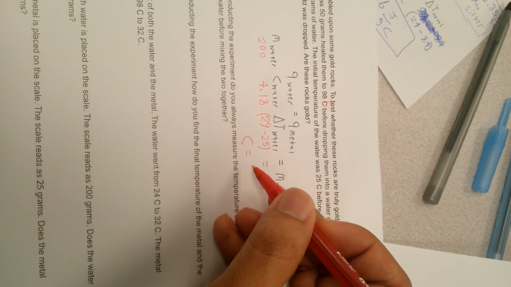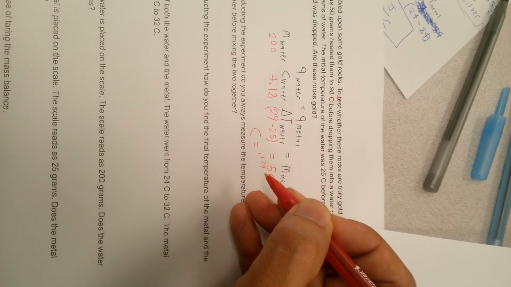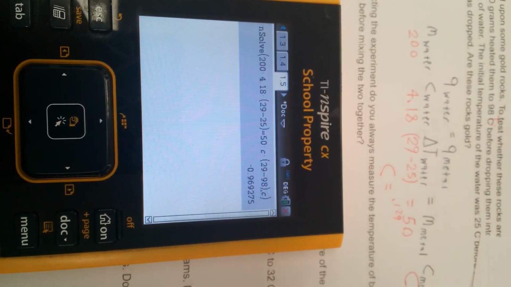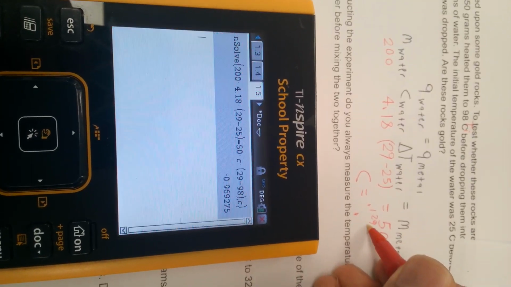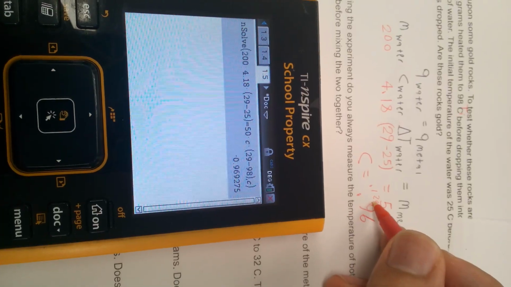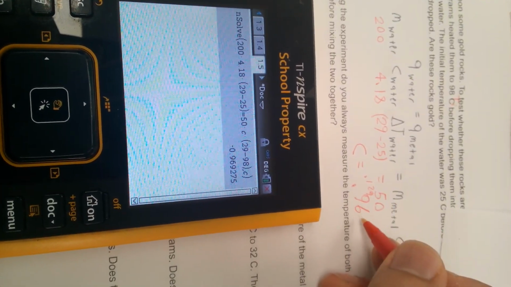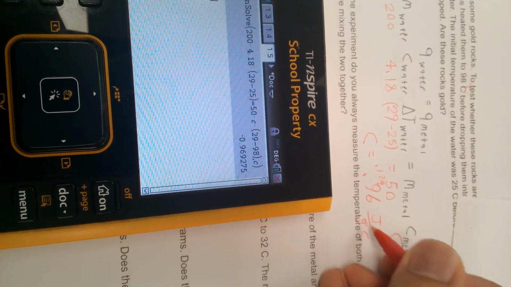The question is, does the C equal 0.129? Let's see if it does. So the C is equal to 0.96. So these are not real gold rocks because it does not match the C of 0.129. So the answer is no, they are not real gold rocks. So it is not gold.